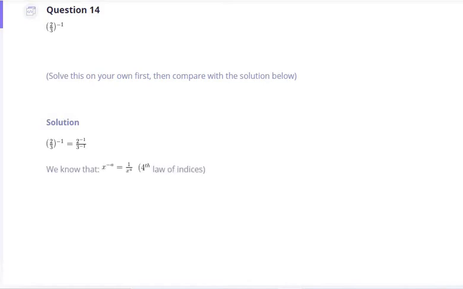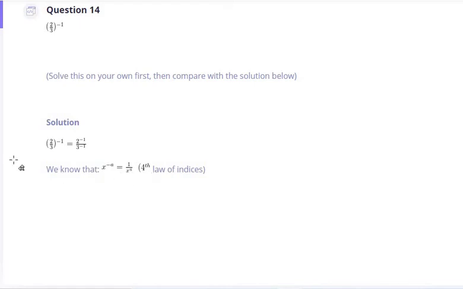And we all know from the fourth law of indices that anything raised to a negative exponent is the same thing as 1 divided by that variable raised to the positive exponent. Meaning, x raised to power minus a is 1 divided by x raised to power a.